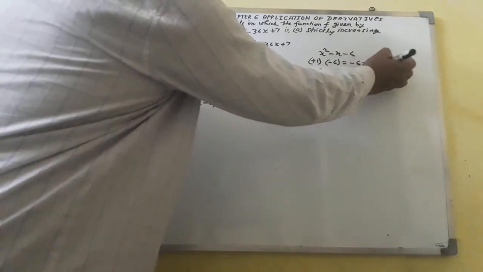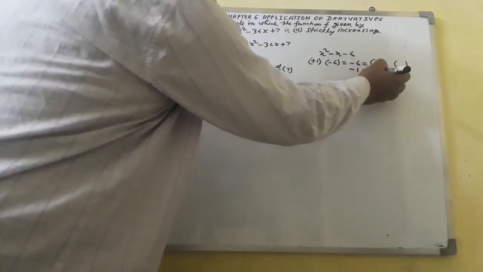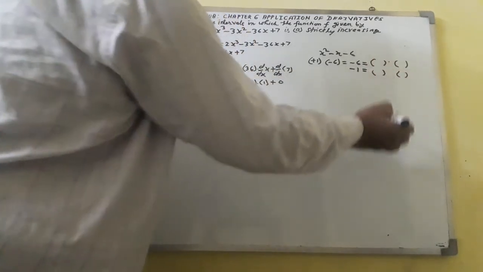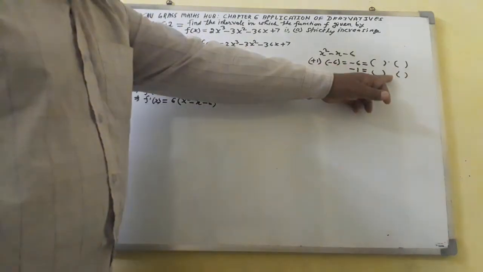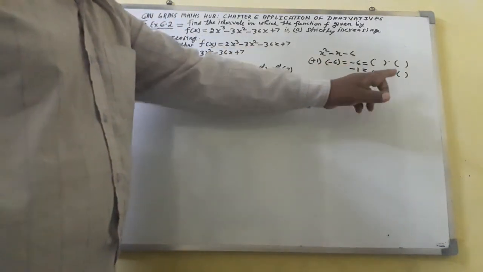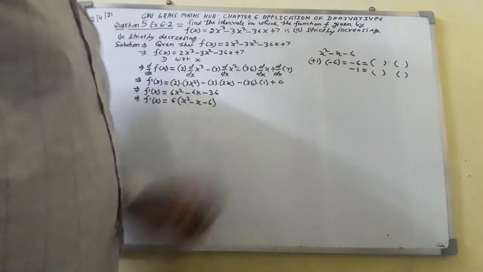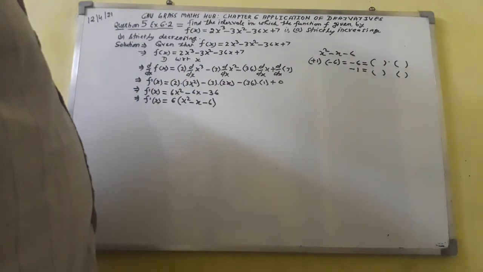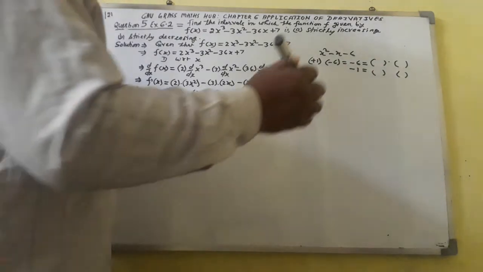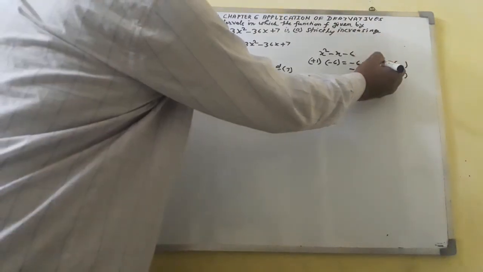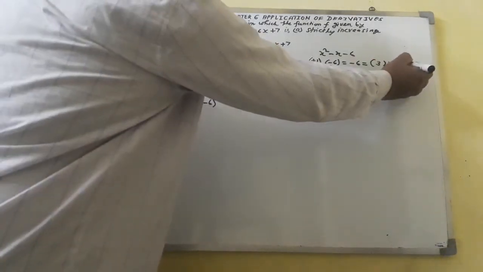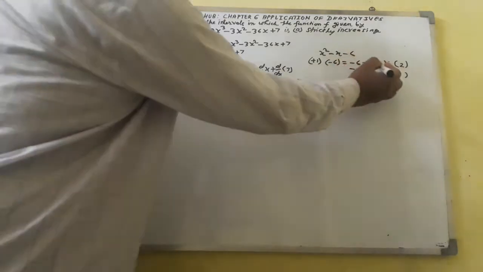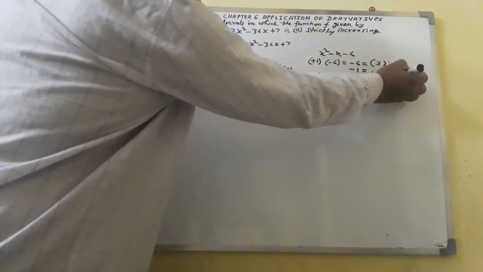Make 4 boxes like this. The multiplication sign is fixed here, and the sign here will depend on this value. Get the prime factors of 6: 3 and 2.